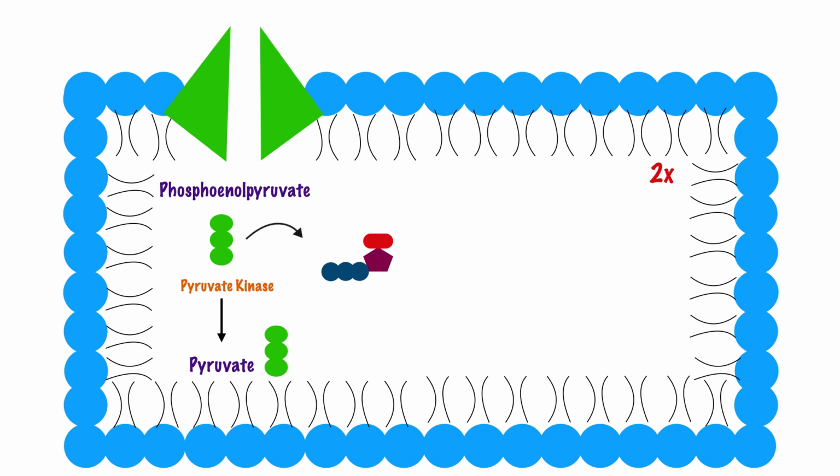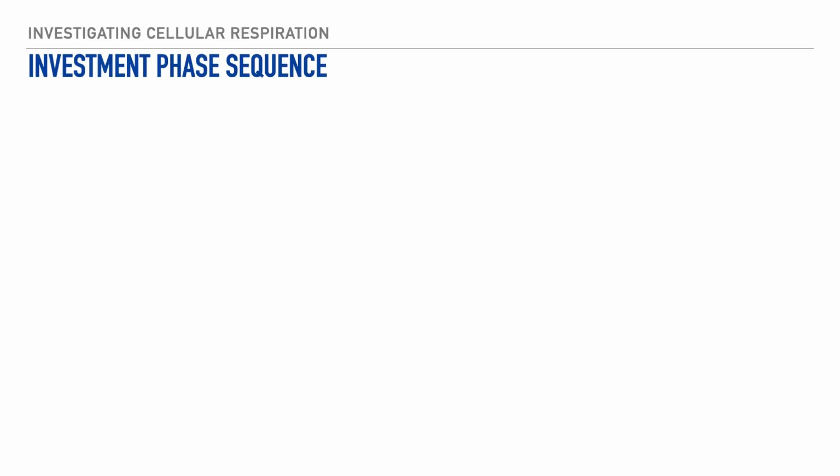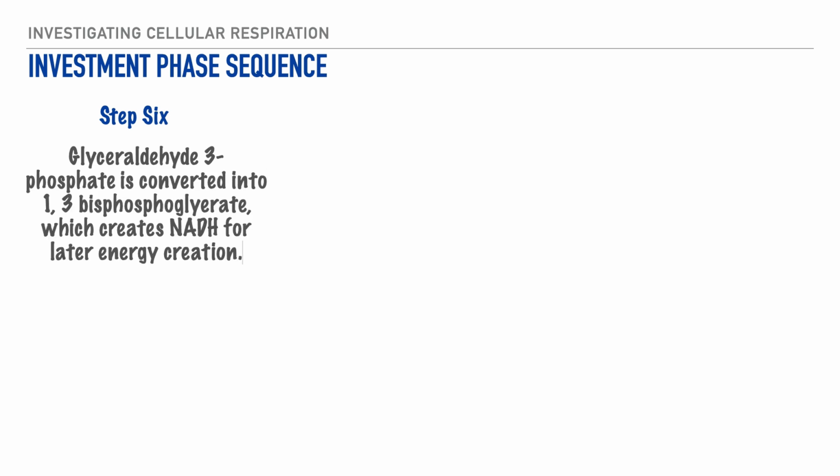So let's take a moment to do a recap of the payoff phase. In our payoff phase, we began with glyceraldehyde 3-phosphate converting into 1,3-bisphosphoglycerate, and as a byproduct of this reaction, we have the creation of NADH, which will be utilized later on to generate additional ATP for the body.